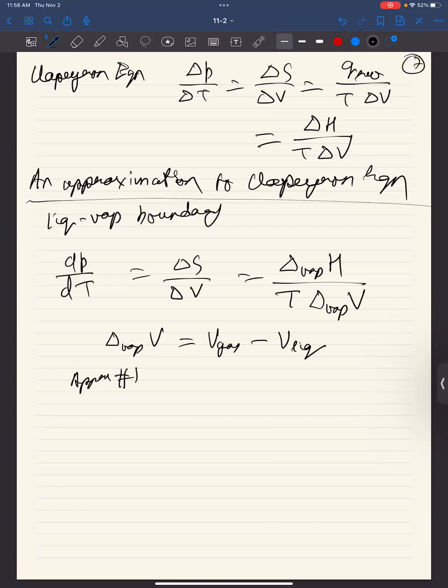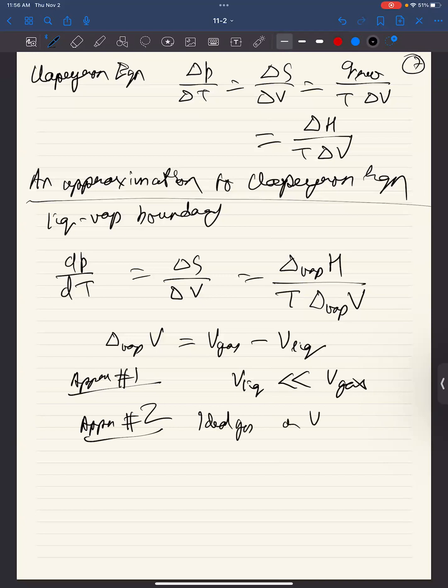Approximation number 1: V liquid is much smaller than V gas, so we just ignore V liquid. Approximation number 2: the gas is ideal, or V gas is equal to nRT by P. So if you do these things, and I again don't have equation numbers, so I'll just call it equation number 11.